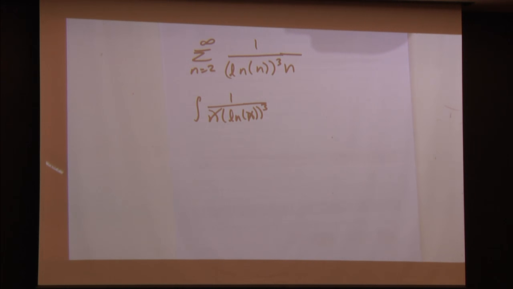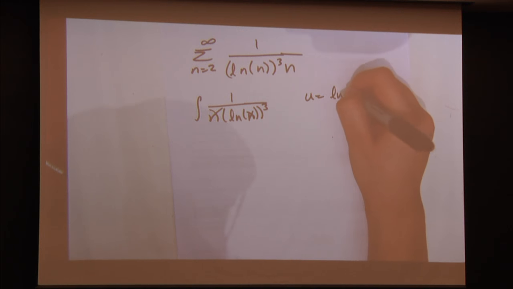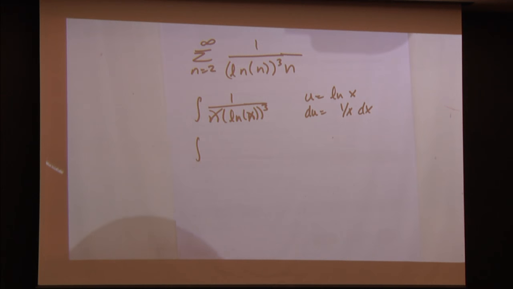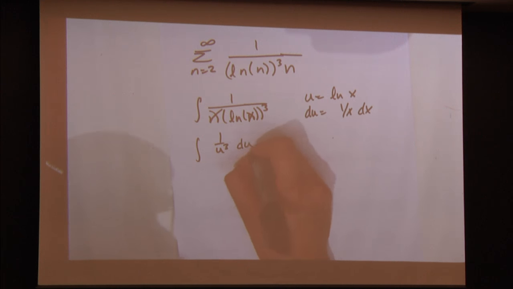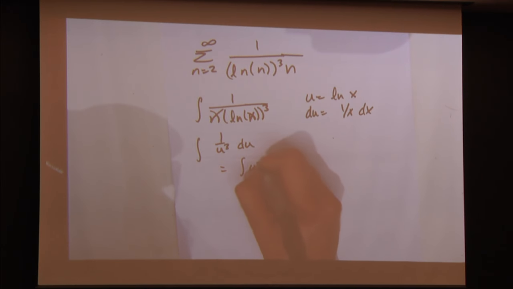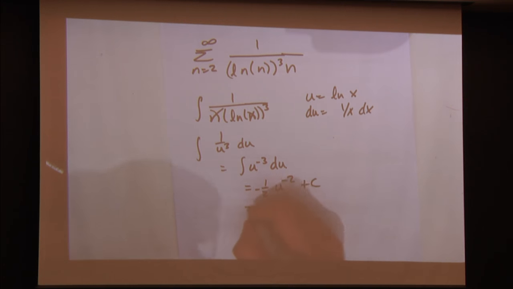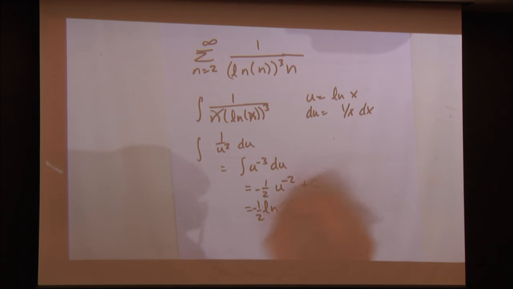Okay, so u is equal to ln of x, du is equal to 1 over x dx. We're left with 1 over u cubed du, which is equal to the integral of u to the negative 3 du, which is equal to this plus c, but what's u? Negative 1/2 ln of x to the negative 2 plus c.